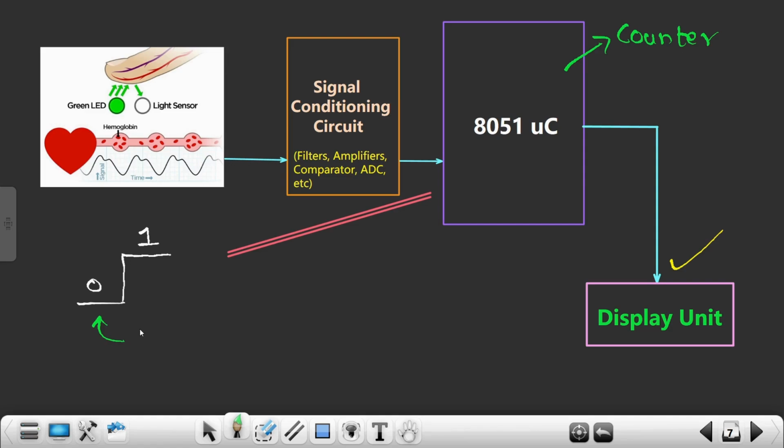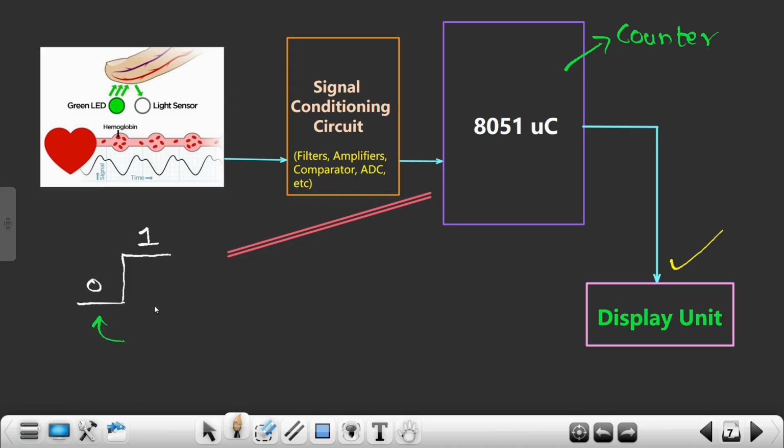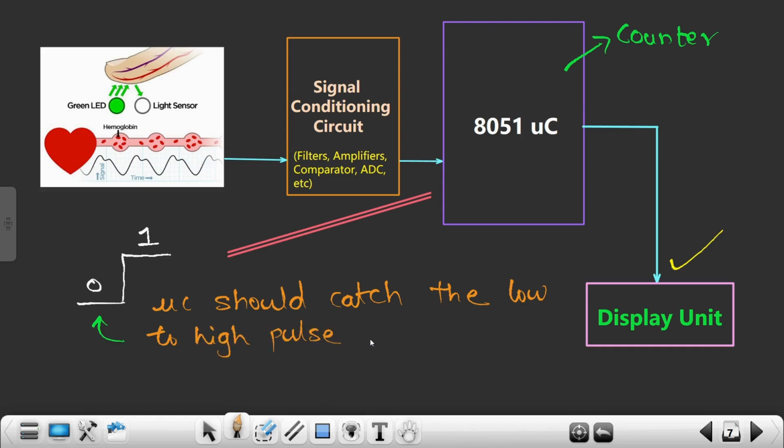So let me change the color. Our microcontroller should catch the low to high pulse, that means 0 to 1, right?